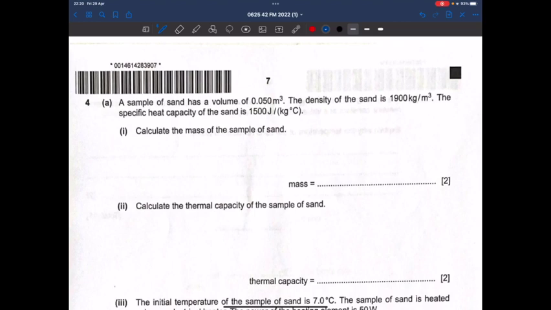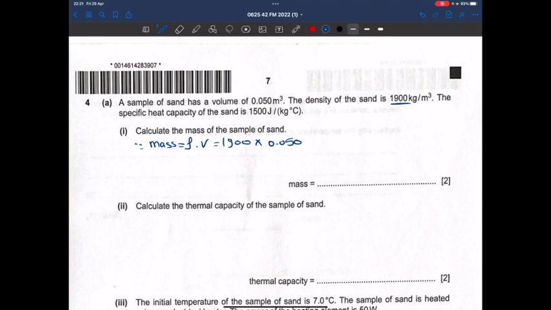Calculate the mass of the sample of sand. Here we have a volume and we have the density, and there is a relation between them, and I could write density equals mass over volume. It means the mass equals density times volume, the density has been given, which is 1900, times the volume, which is 0.05.